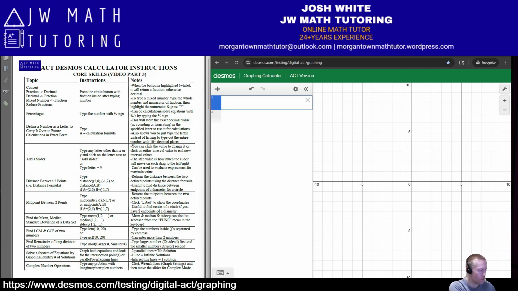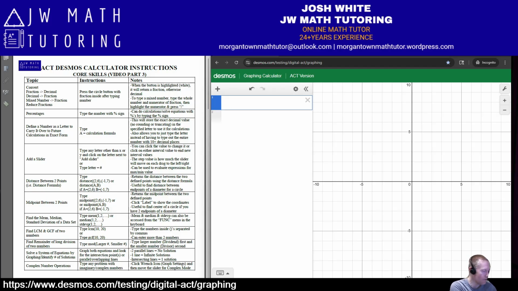And you can also do things with mixed numbers. So what you have to do, make sure I do this correctly, with the mixed number is, highlight this. There we go.